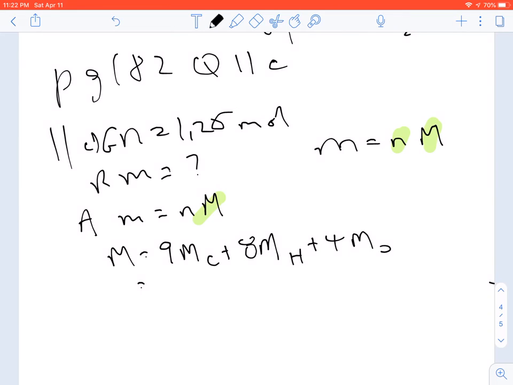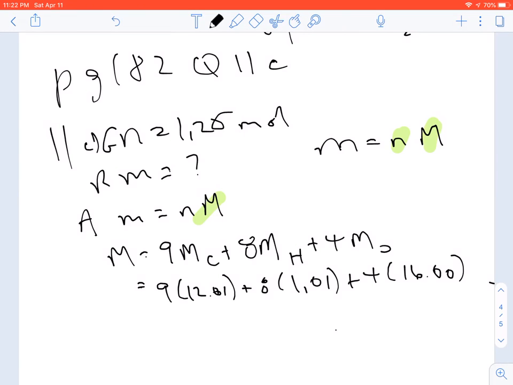Okay, now, molar mass of carbon, 12.01, 12.00 actually, I believe, 12.01, plus 8 molar masses of hydrogen, which is 1.01, plus 4 molar masses of oxygen, which are 16.00.